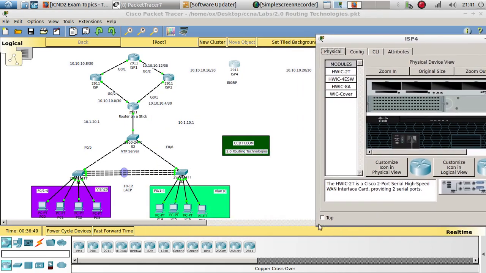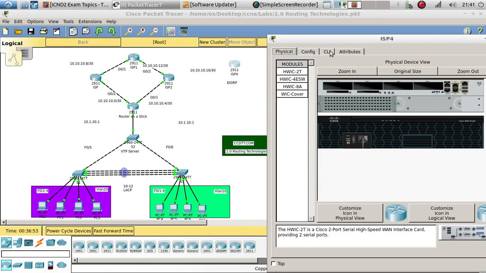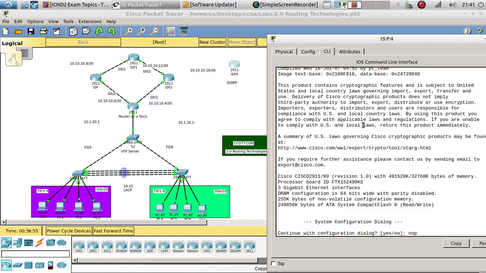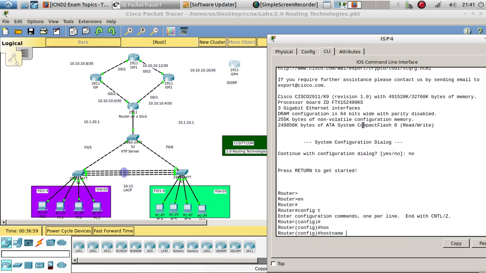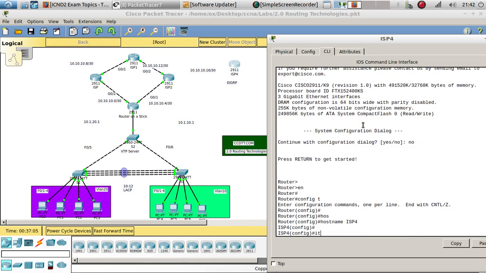So from here, this router right here, let's say no, enable, config t, hostname ISP4. Okay, now interface gigabit 0/0.